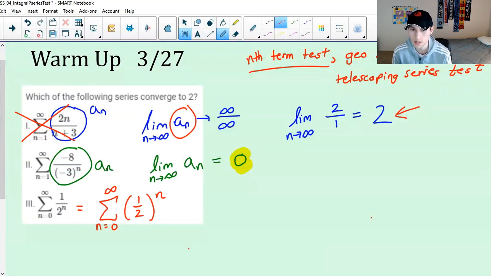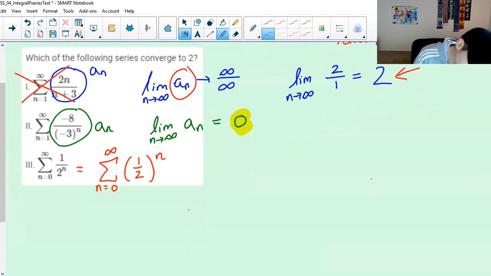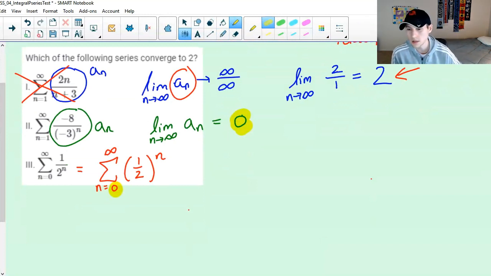So 1 over 2 to the n is the same thing as (1/2) to the nth. And this is almost in the form of a geometric series. Notice that this series is starting at 0. To be a geometric series, it would need to start at 1. So let's rewrite it so that it does.